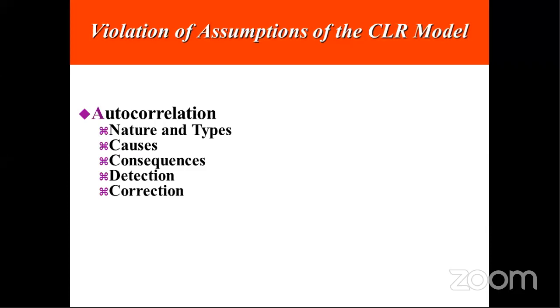If you get into any literature related to these practical problems of regression analysis, that is multicollinearity, heteroscedasticity and autocorrelation, the framework for the discussion of these problems goes like this: the nature and types, causes, consequences, detecting measures or diagnostic tests, and the solution or remedial measures or correction measures.